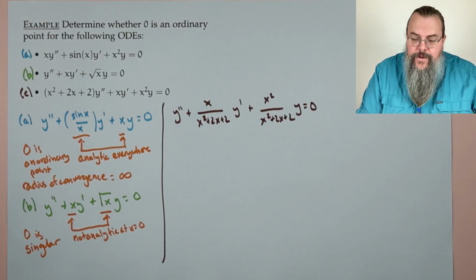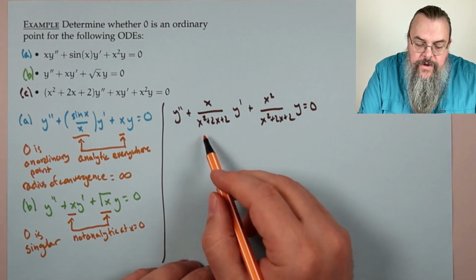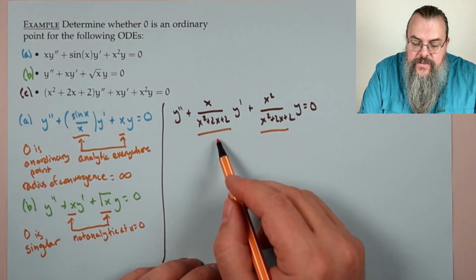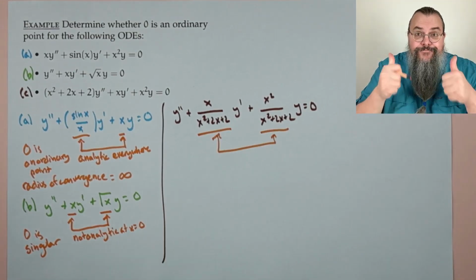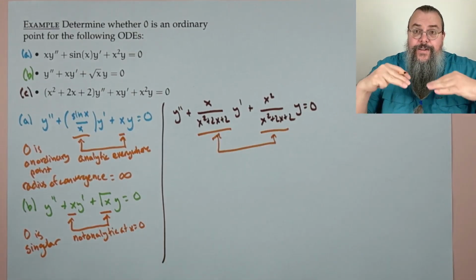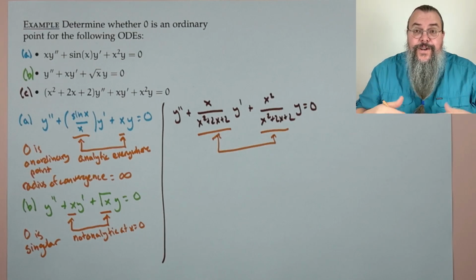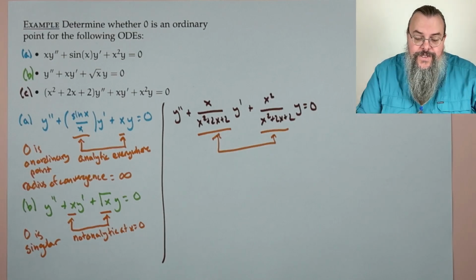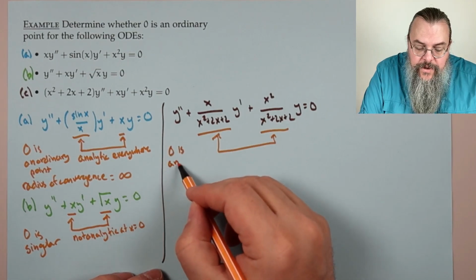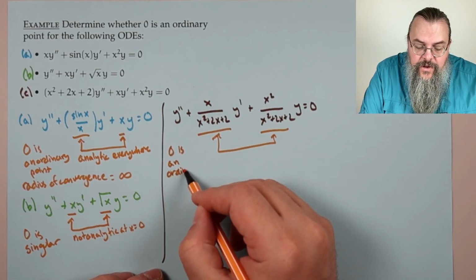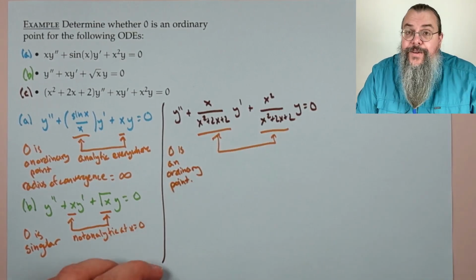Well, as we look, we say, hey, these are nice functions at 0, right? Because we're not dividing by 0. So as long as you have a polynomial over a polynomial, as long as you're not dividing by 0, you're a wonderful function. So we know 0 is an ordinary point. Okay, great. Now, can we go further since we have space?